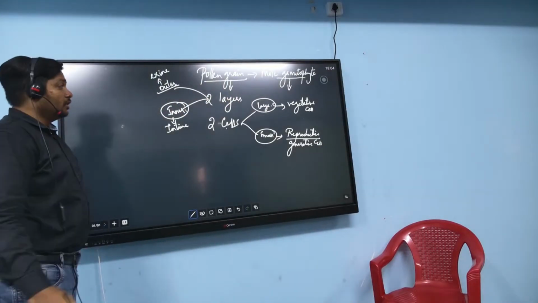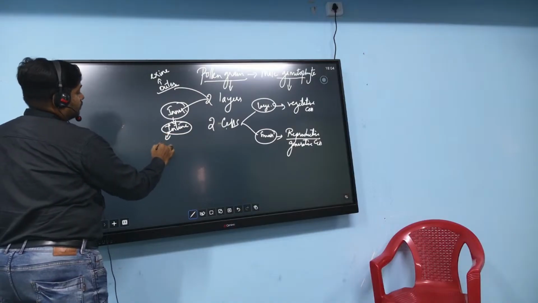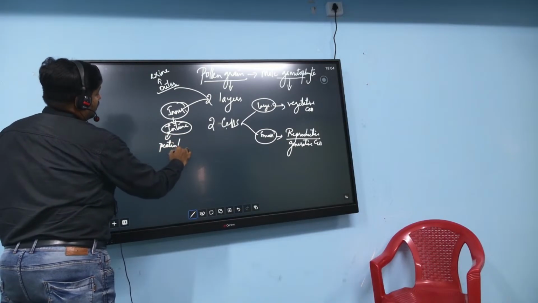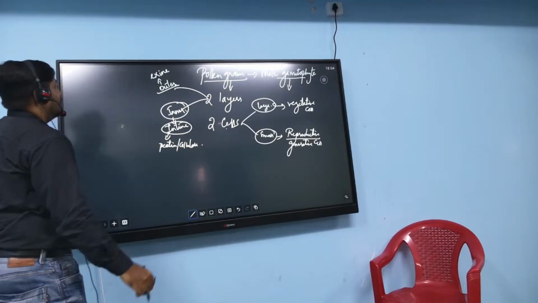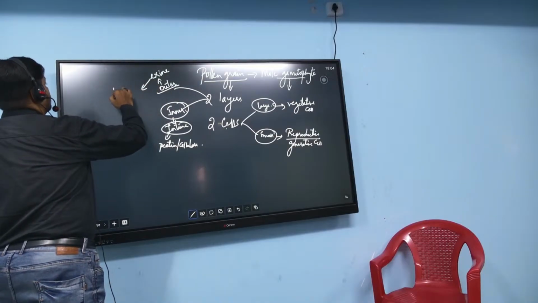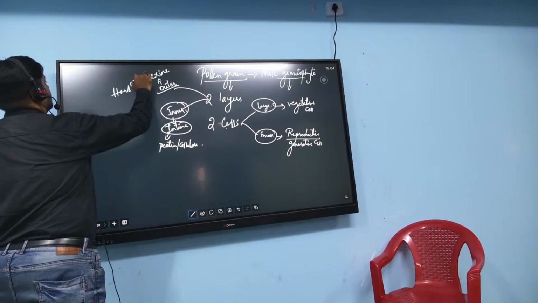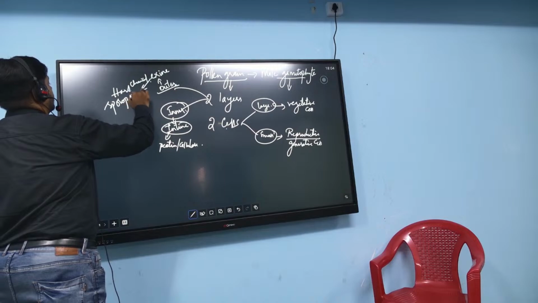The intine layer is made up of pectin or cellulose, and the outermost layer is made up of a very strong, hard chemical called sporopollenin.